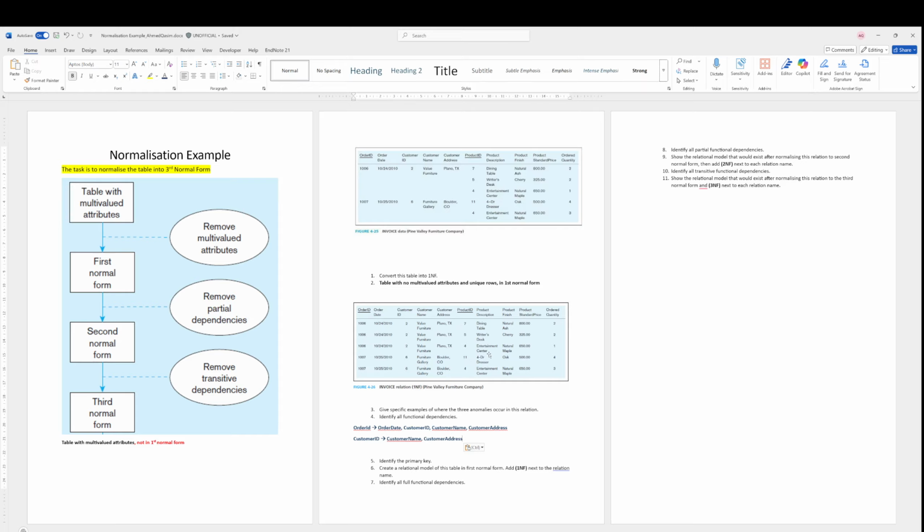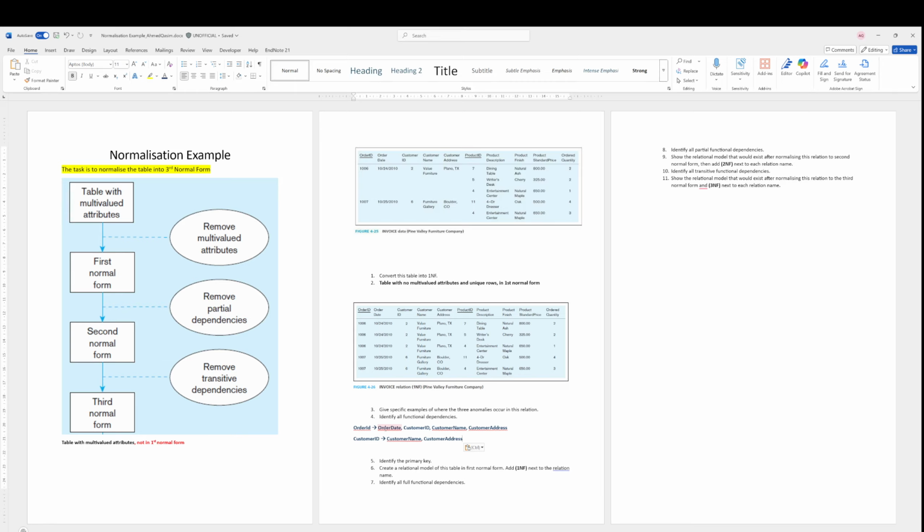now I need to work on the product ID. So product ID can help to determine the product description. You can see product ID 7 and this product description, you can see product 4 is the entertainment center.